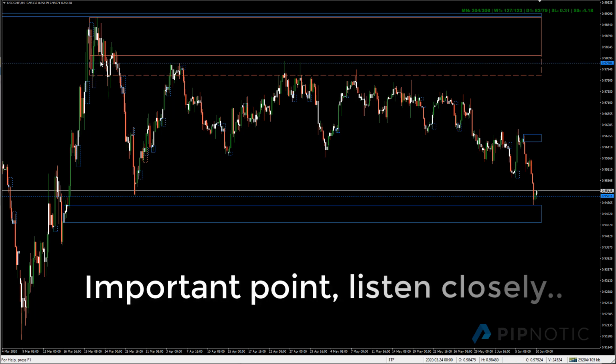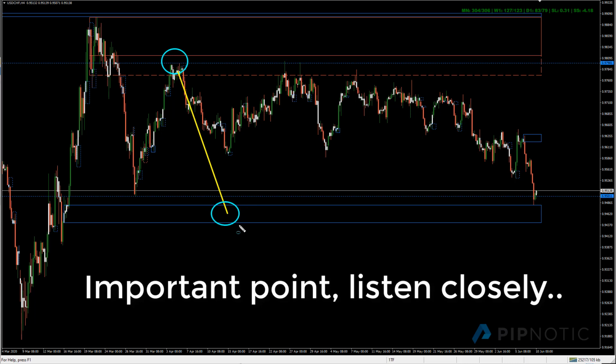Okay, if price has not traveled to the opposing side of the market to find demand, which is down here, there is a very high likelihood the price of this asset will move down from sell points. If price is able to move from a sell zone to the other side of the market into a demand, well, the likelihood of price respecting this area up here in the future becomes lower.